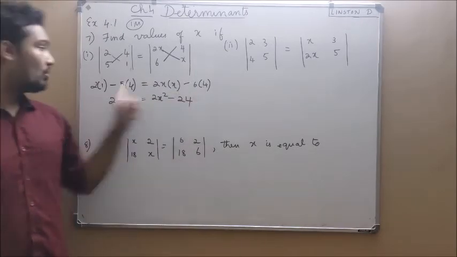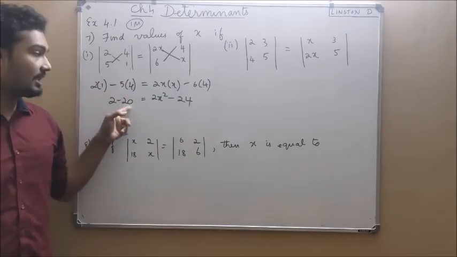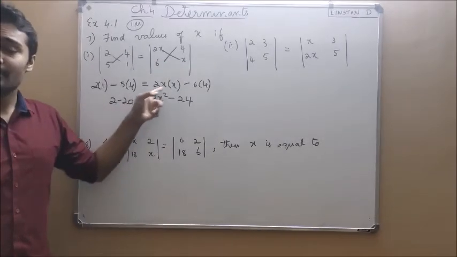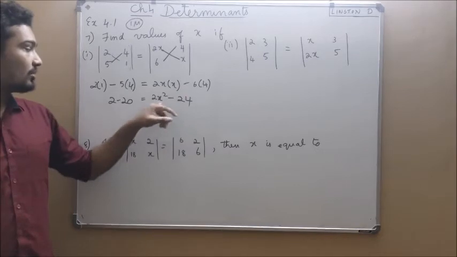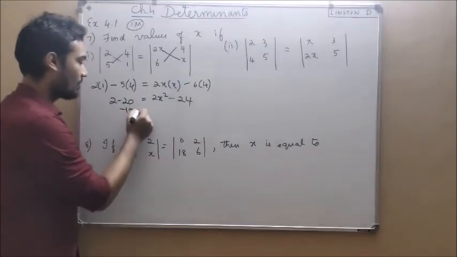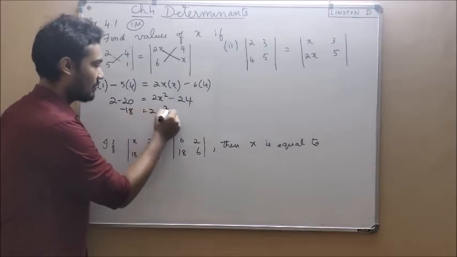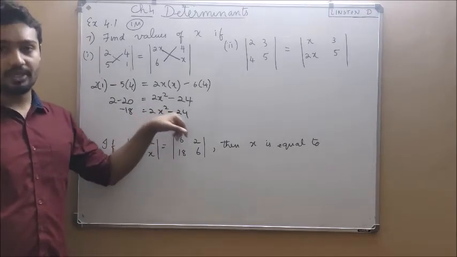So this becomes 2 into 1 is 2 minus 5 into 4 is 20, which equals 2x into x is 2x square minus 6 into 4 is 24. So 2 minus 20 is minus 18.